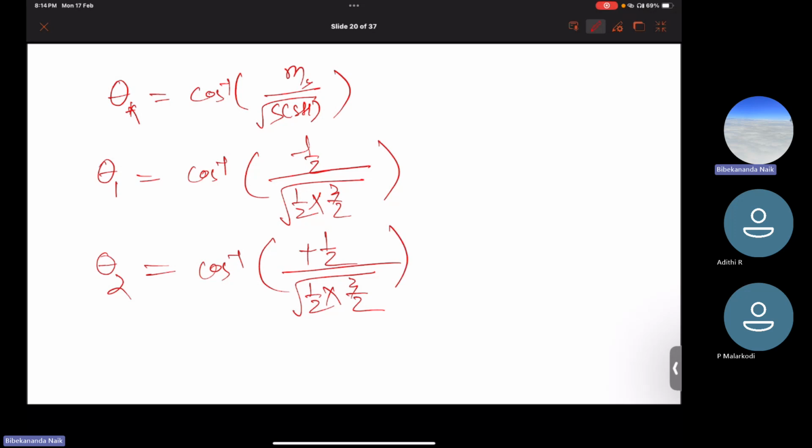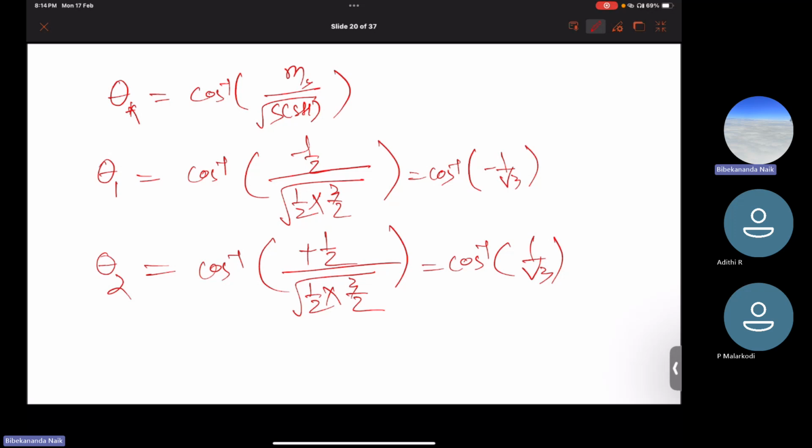In the denominator it is 3 by 4. Root over of 3 by 4 is root 3 by 2. So 2 gets cancelled out from numerator and denominator. It will be cos inverse minus 1 by root 3, and cos inverse plus 1 by root 3.